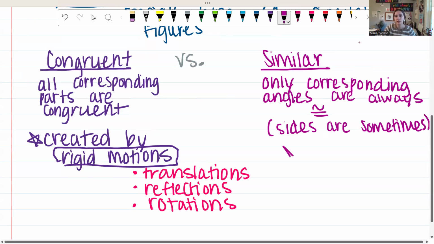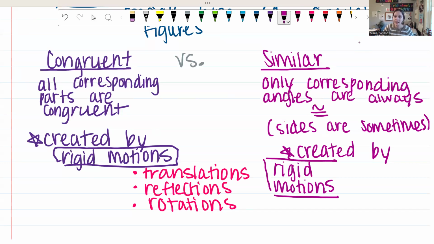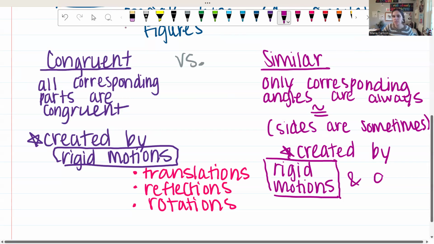Similar figures are created by the same three rigid motions that we talked about here, and dilations, which are non-rigid motions.